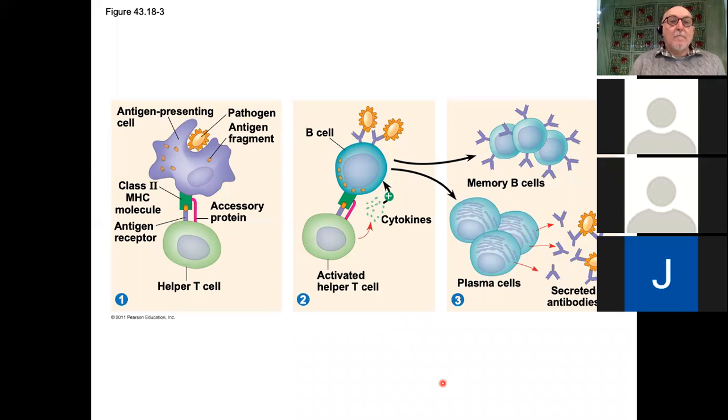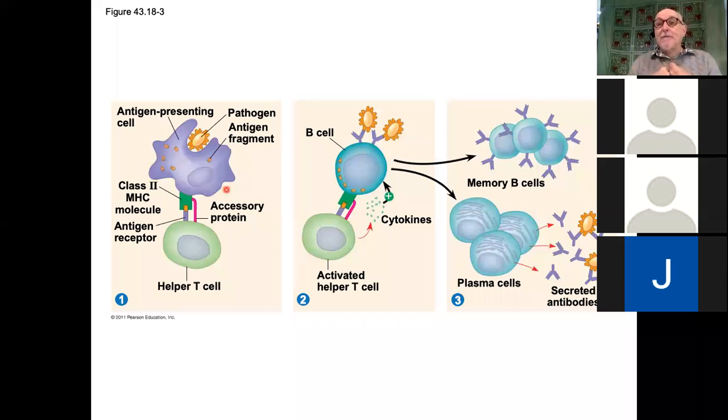Okay, so let's just have a look at how these T cells in particular are activated and how they respond to activation. So here, it says antigen presenting cell. We're just going to presume it's a dendritic cell. It's been wandering in the periphery.